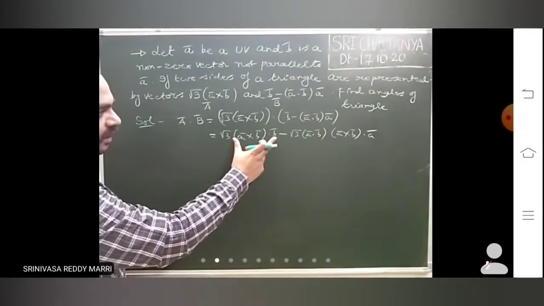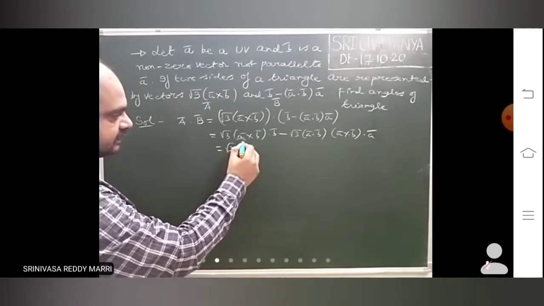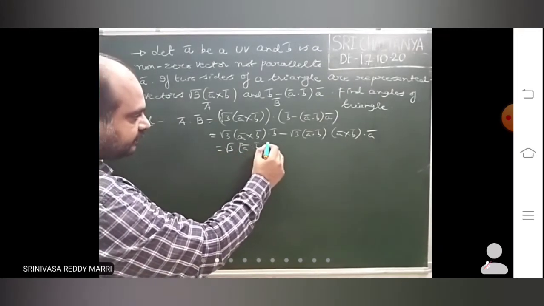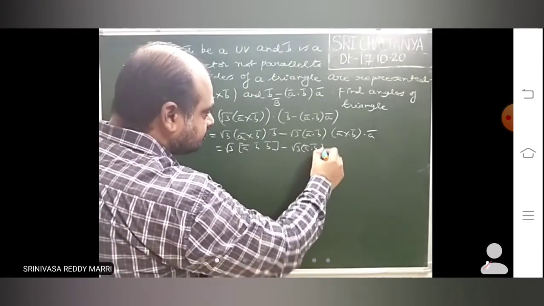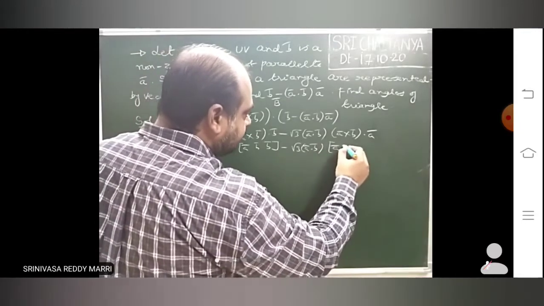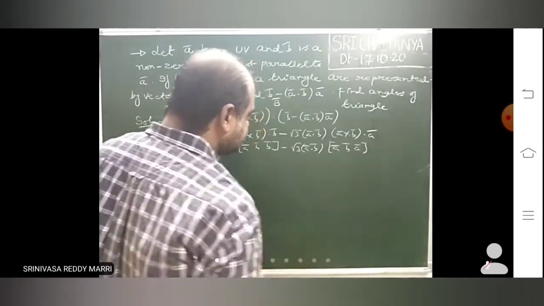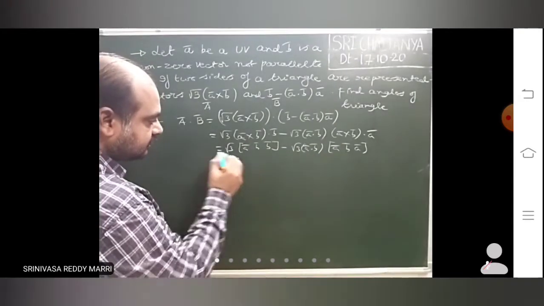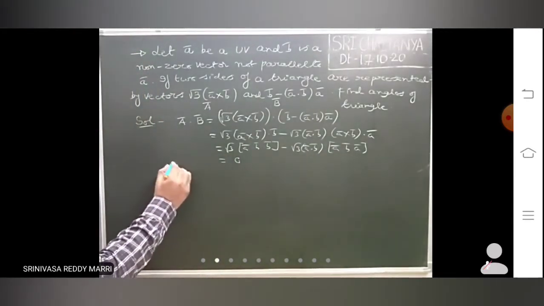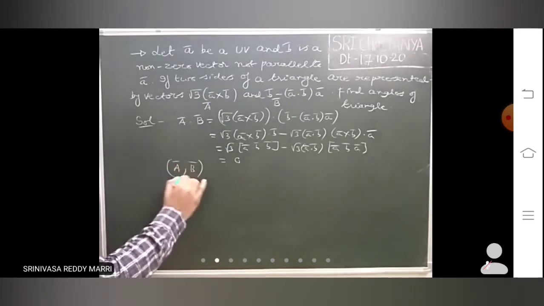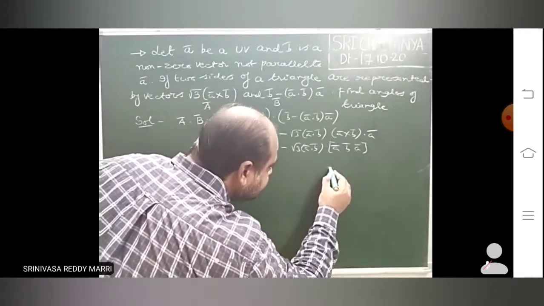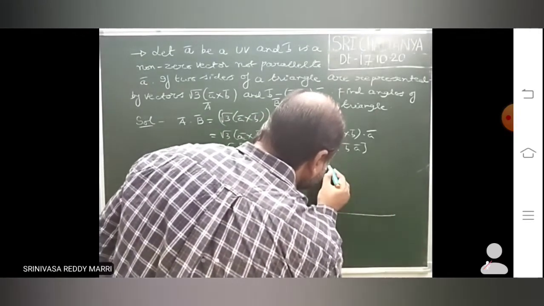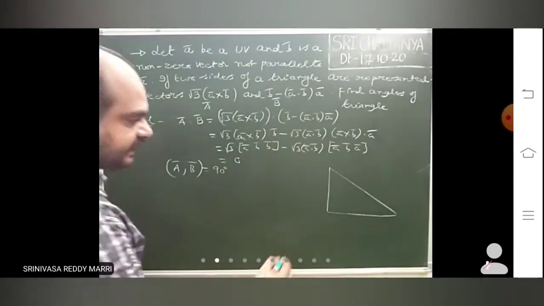Now A bar cross B bar dot B bar means this will be box of A bar B bar B bar minus box of A bar B bar A bar. So this is 0, this is 0. That means the angle between these two sides is nothing but 90 degrees. It is a right angle triangle.